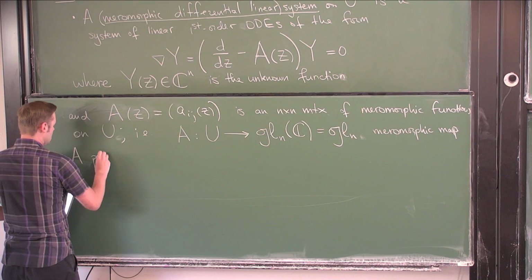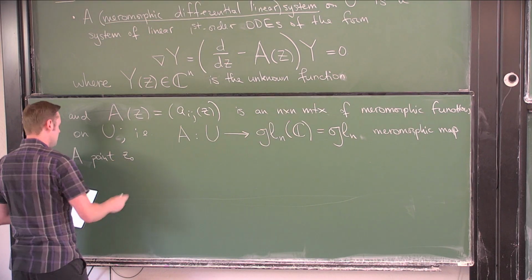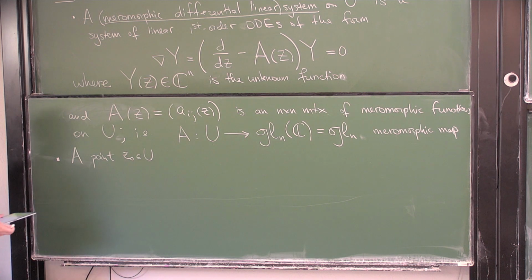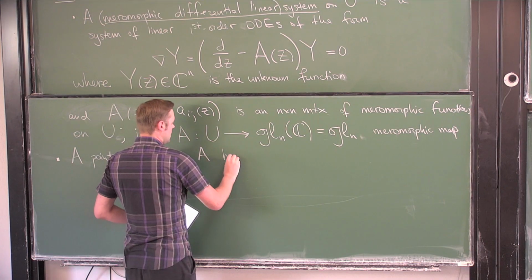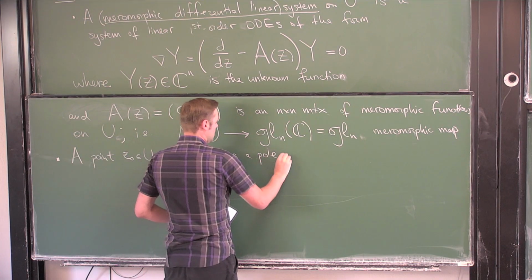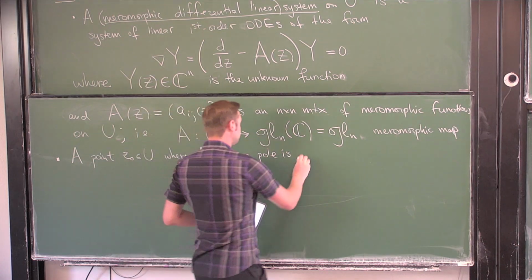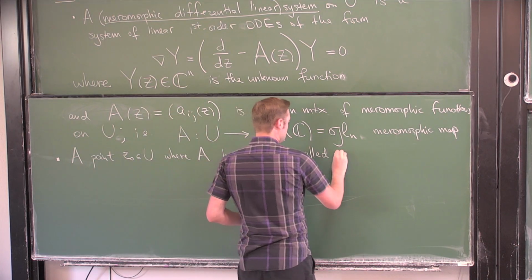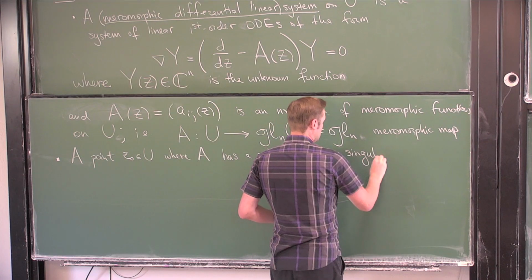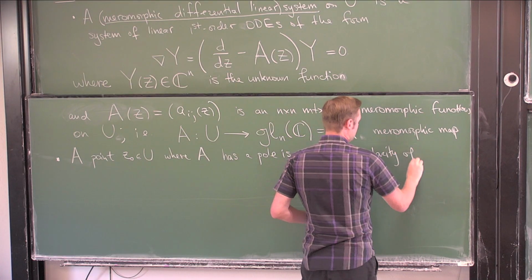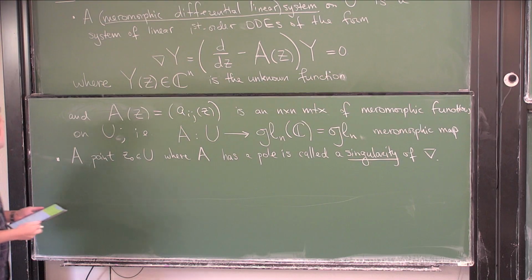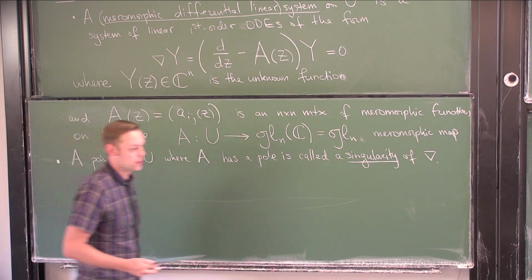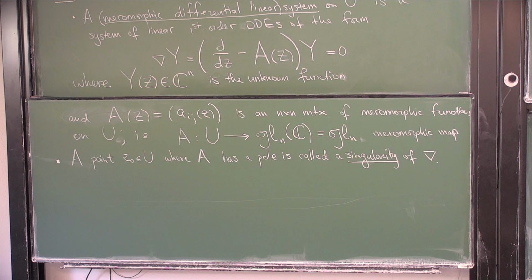A point z_0 where A has a pole is called a singularity of this differential system. What makes these ODEs singular is that I'm allowing these special points to enter the picture.